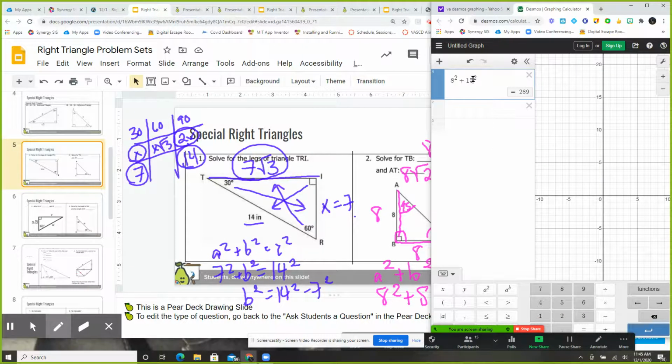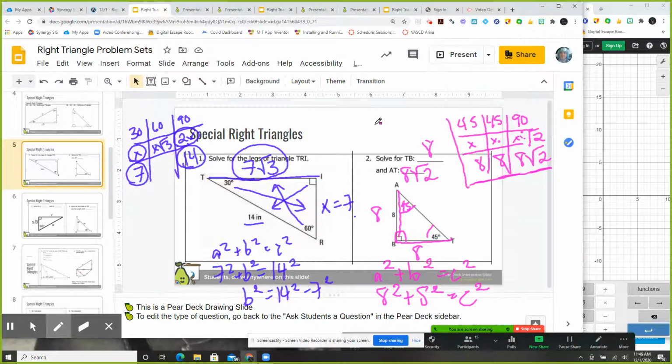And I already have 8 in there, so I can just put in an 8. 8 squared plus 8 squared equals 128. So then I come down here. That's not what I want. Square root of 128 is going to be 11.3.